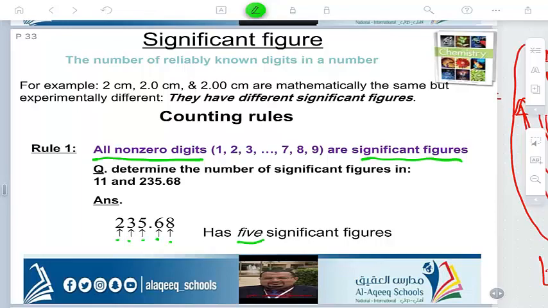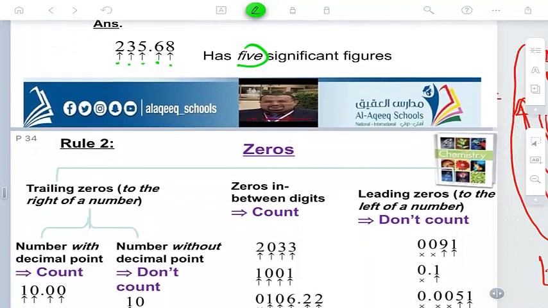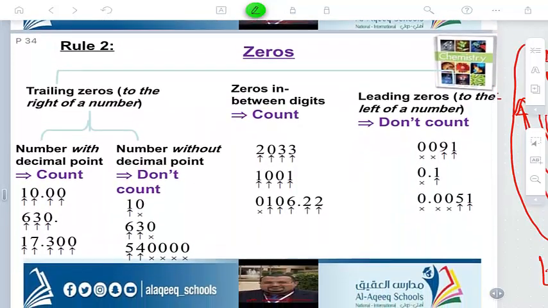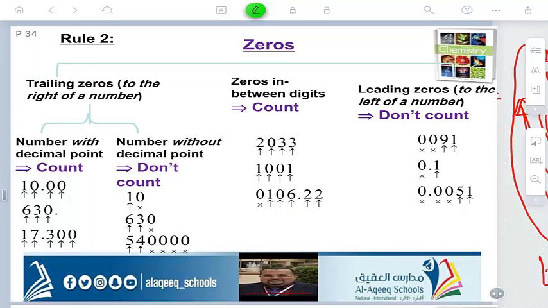Rule 2: if the 0 is to the right of the number, we have two cases. If the number has a decimal point like this, we count the zeros. Look, 1, 2, 3, 4. The decimal is here and the zeros are on the right-hand side.